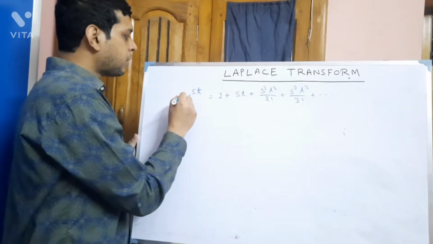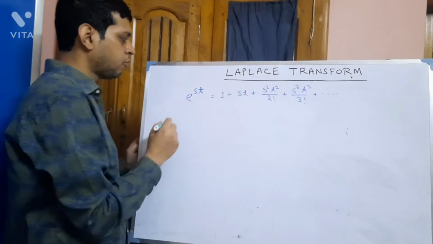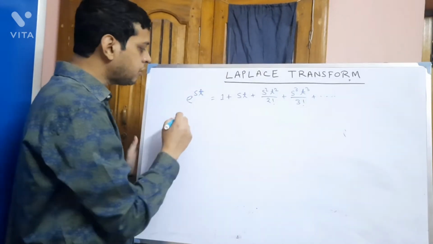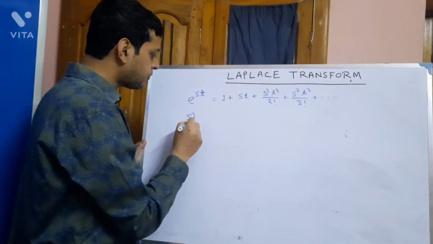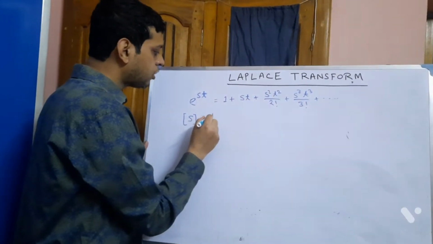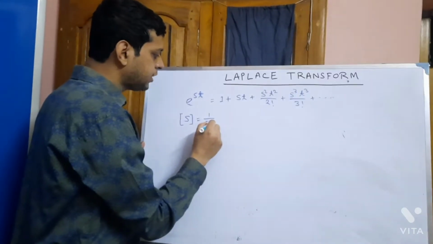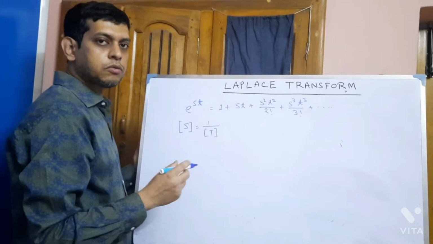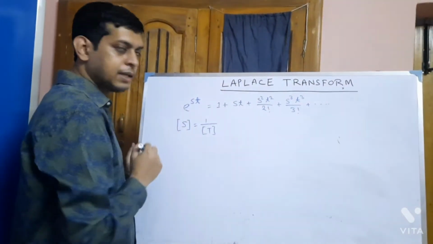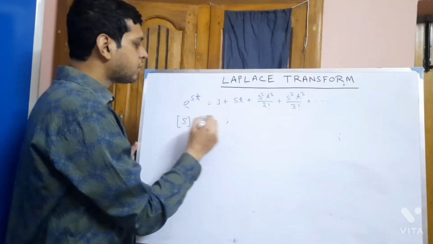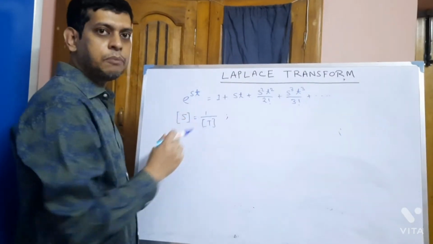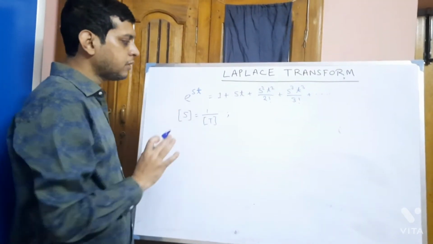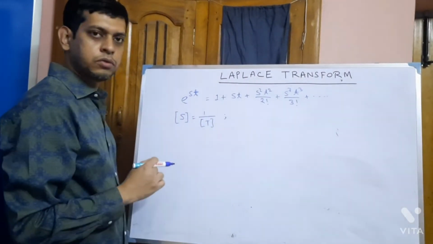So e to the power st will have a particular dimension if and only if the dimension of s is equal to 1 by the dimension of t, because only in this case e to the power st will be a dimensionless quantity, or the dimension will be equal to 0.